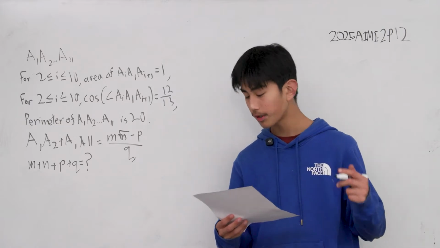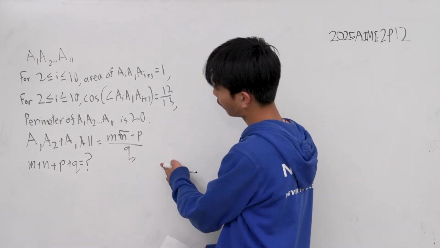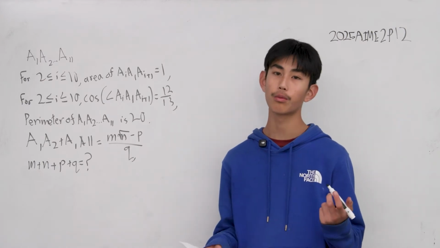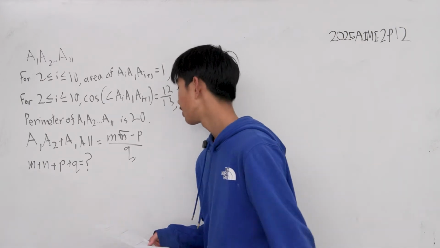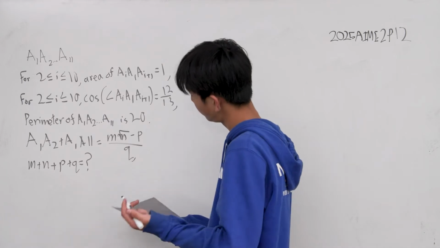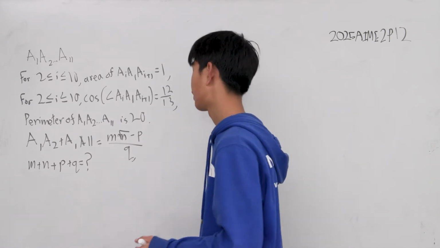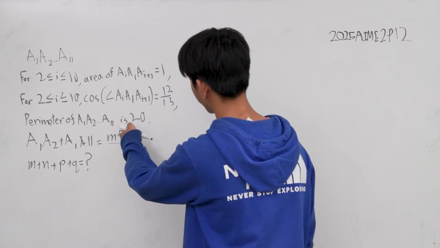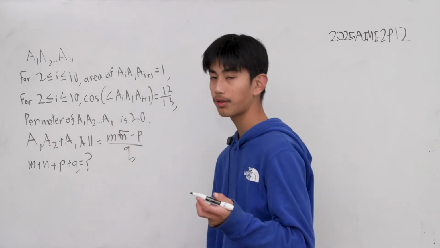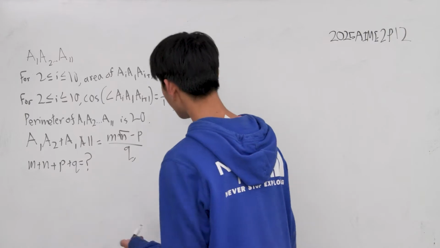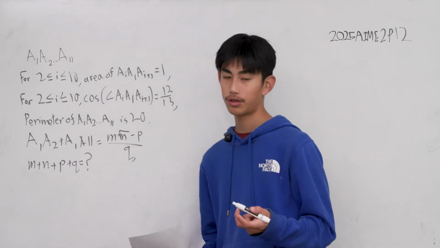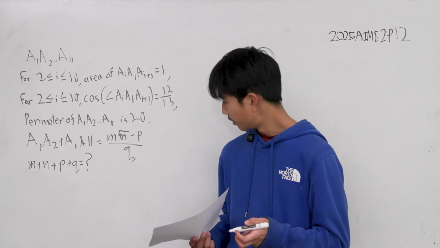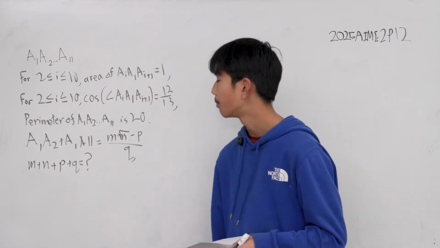What we can notice is that this is a form you might be pretty familiar with, because it looks like the quadratic formula: you have the negative b, then the square root, except it's simplified, and then you have the denominator.